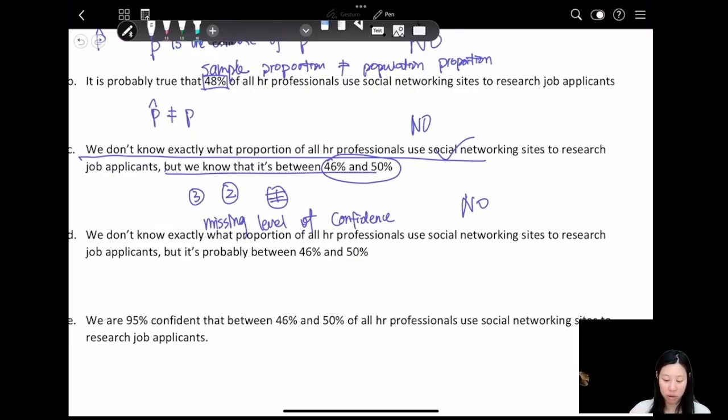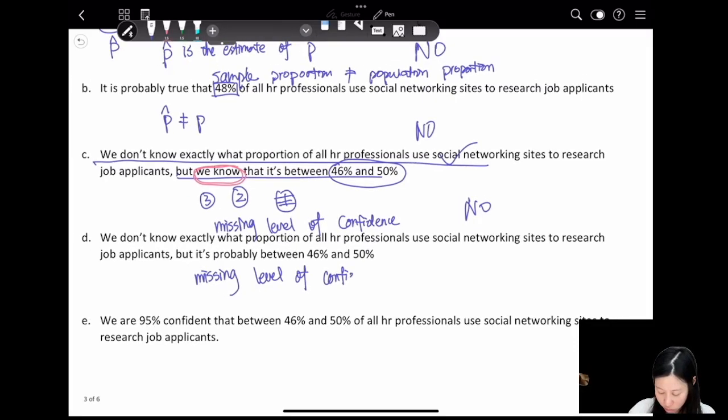Also, there's another catch in here: we don't know. We never know. If they say we know, basically they're telling you this is 100% sure. But we don't want to do that. We want to be accurate. We never say 100% sure that this is between this and that. So this part is also missing the level of confidence. So it's a no.